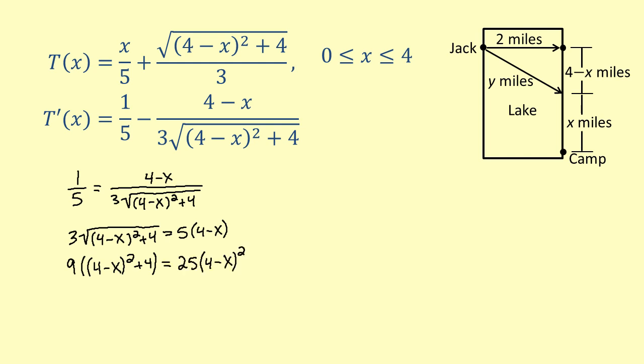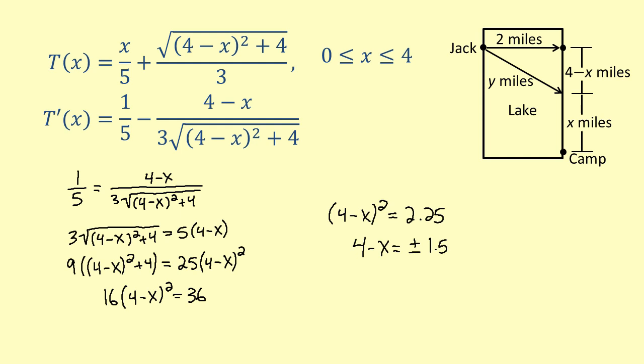By distributing the 9 through on the left side, then isolating the variable term, we are left with 16 times the quantity (4 minus x) squared equals 36. Dividing both sides by 16 gives us (4 minus x) squared equals 2.25. Then we take the square root of both sides, which gives us 4 minus x equals plus or minus 1.5.